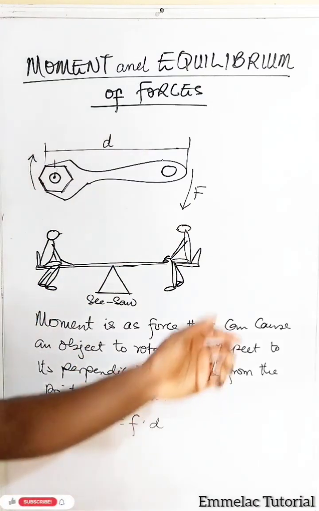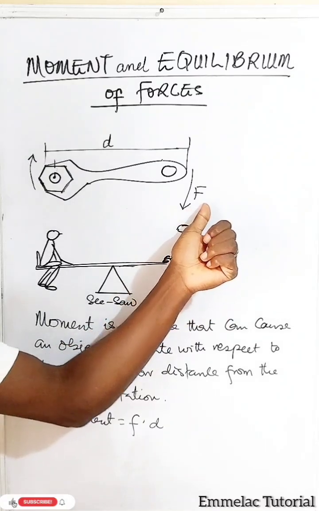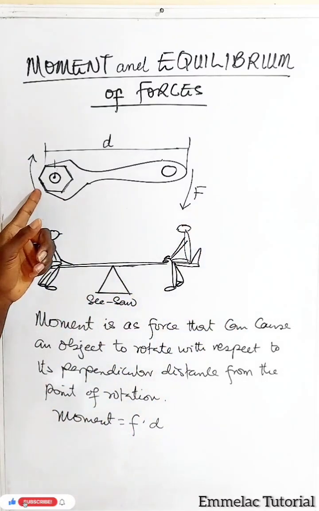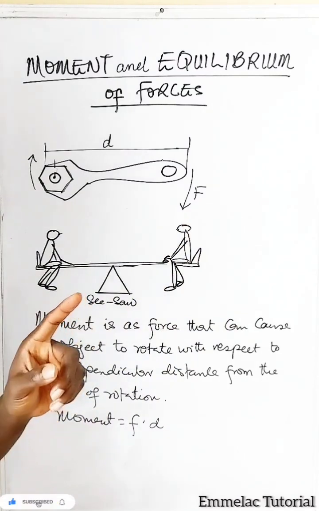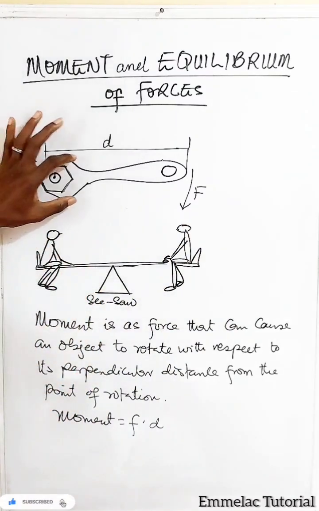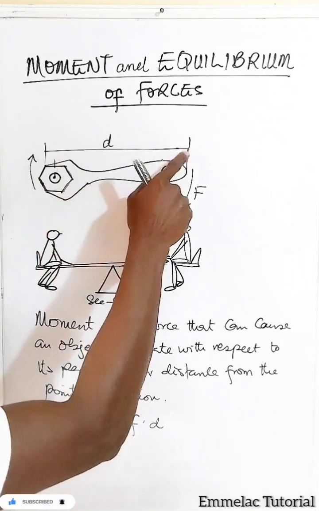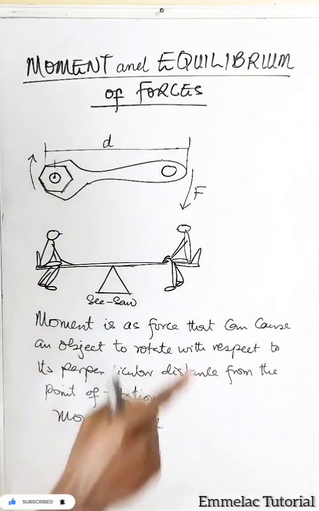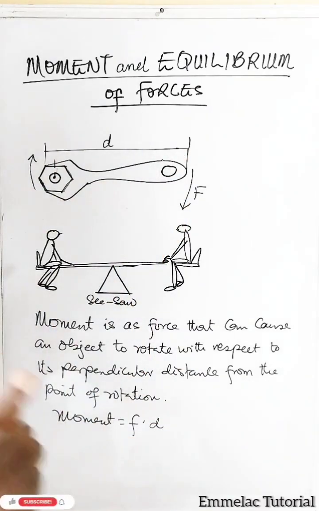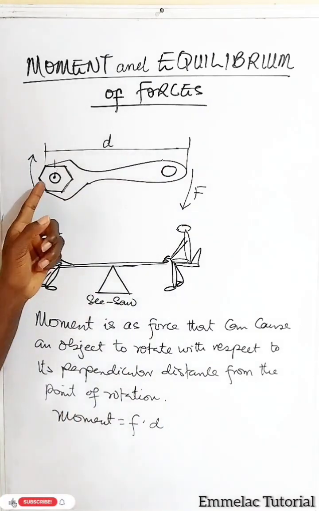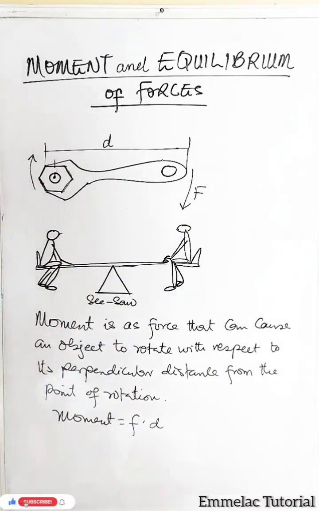So without this force, the nut will not rotate. Applying this spanner at this distance from this point, there will always be a moment as long as the body can rotate. So let us now move to the seesaw.